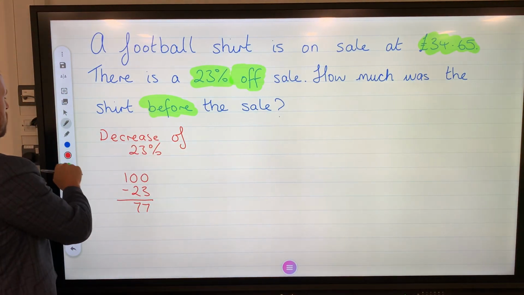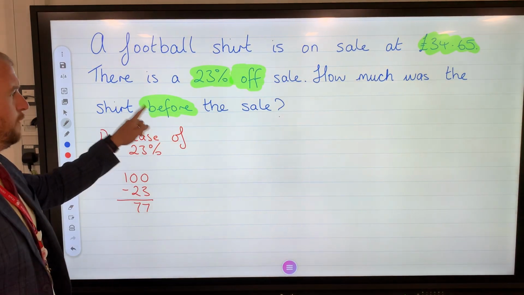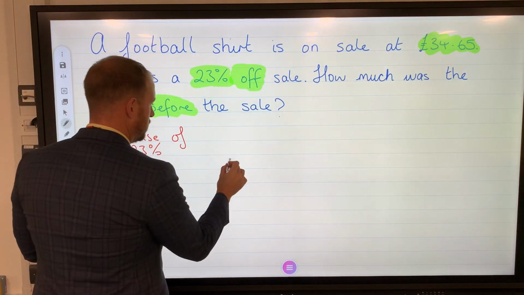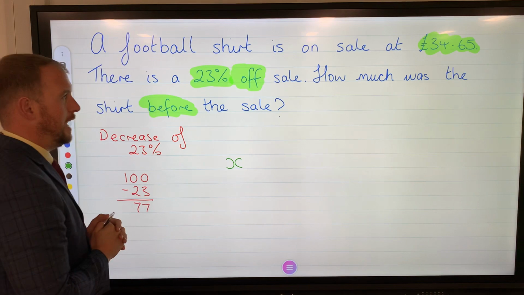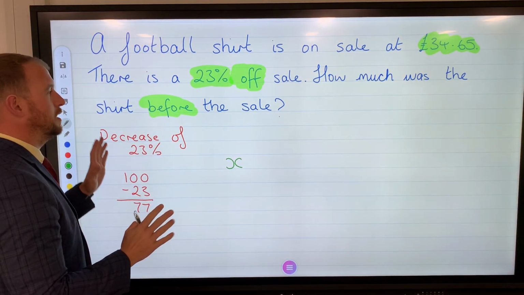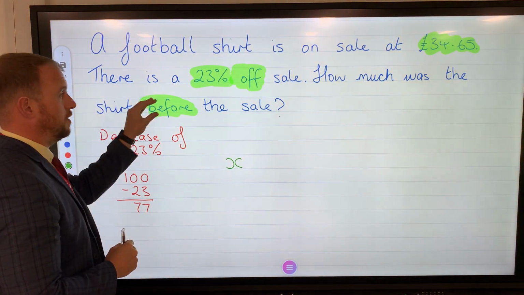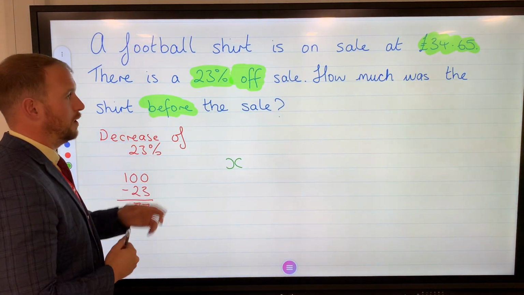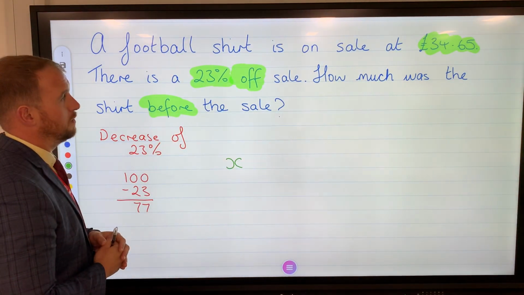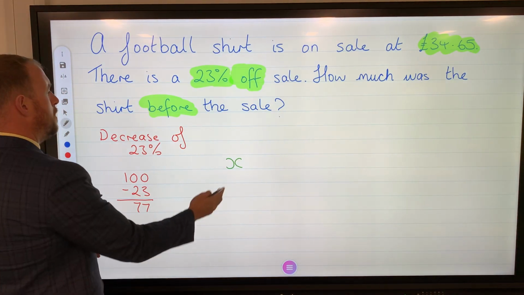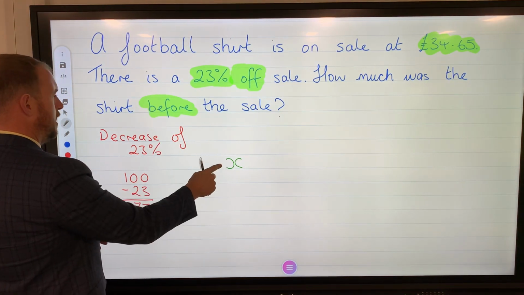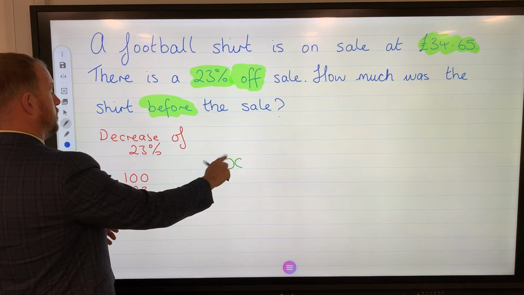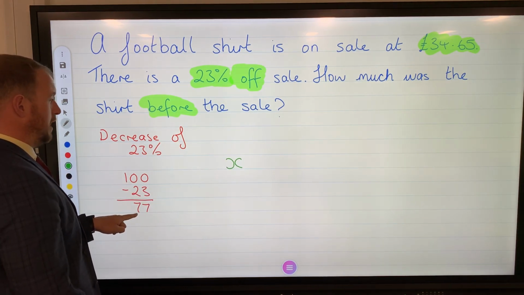Now we don't know the price of the shirt before the sale. So if we don't know it, I'm going to use the letter X. Don't freak out please, because I'm using algebra, but something I don't know, it's an unknown, and in maths we tend to use letters, so I'm using X because it's quite familiar to a lot of us. So before is X. This price of the shirt was decreased by 23%.